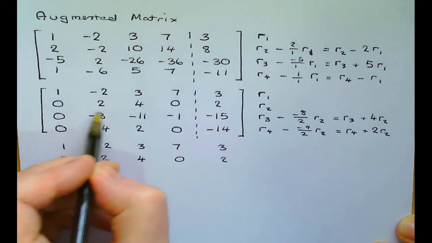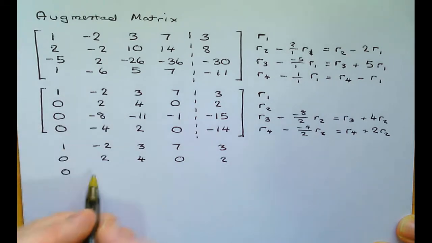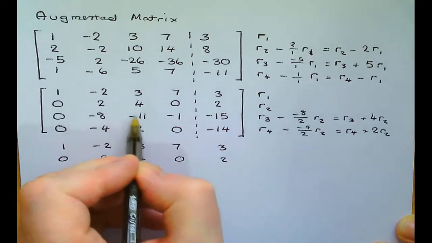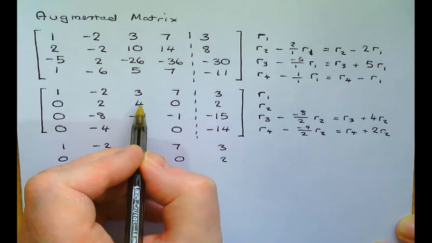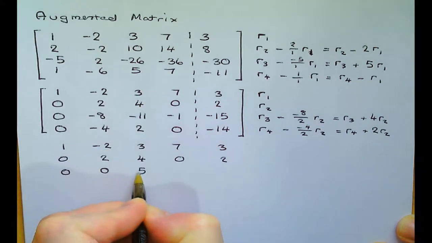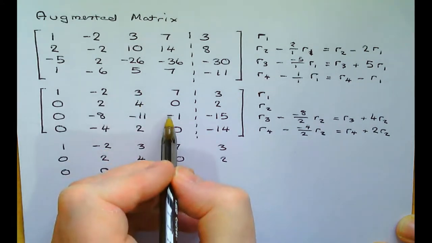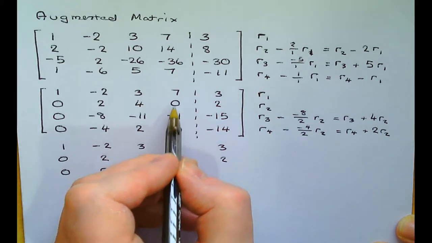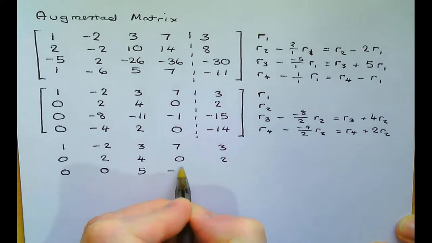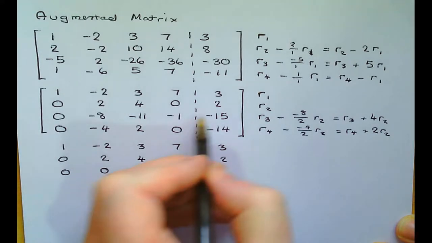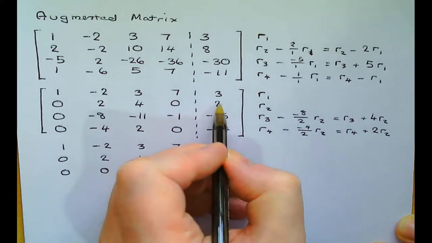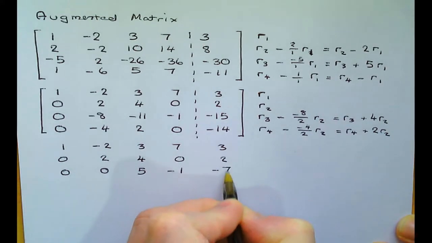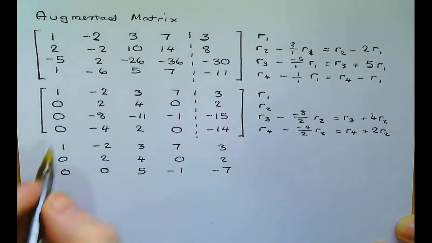We have minus 8 plus 4 times 2, minus 8 plus 8. We have minus 11 plus 4 times 4, minus 11 plus 16. We have minus 1 plus 4 times 0, stays at minus 1. And we have minus 15 plus 4 times 2, minus 15 plus 8, gives us minus 7.